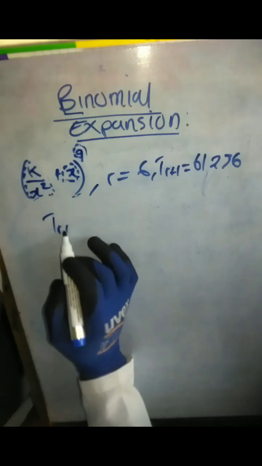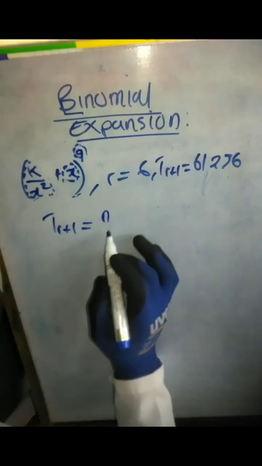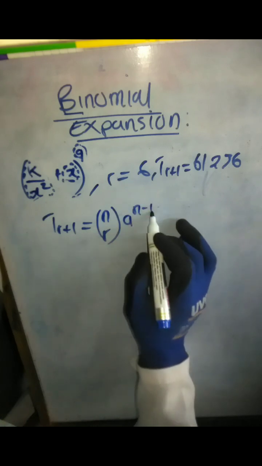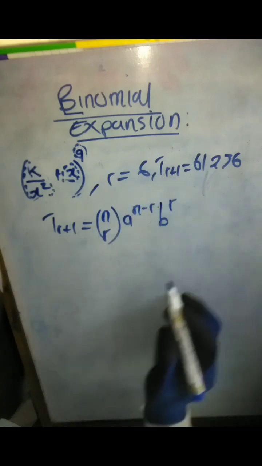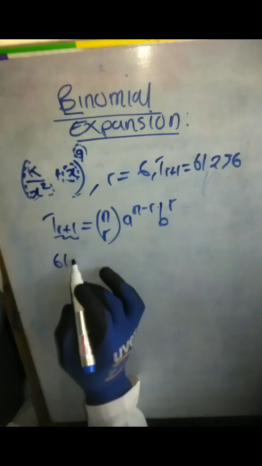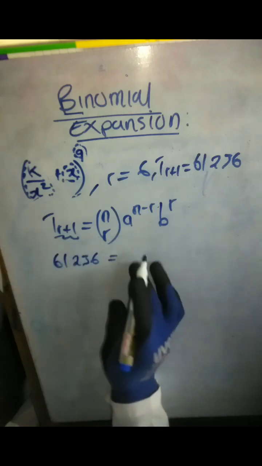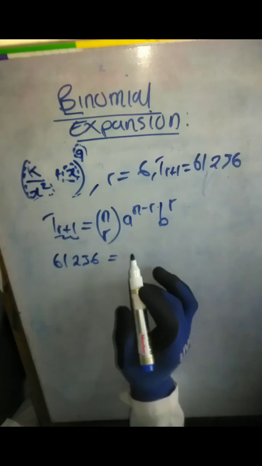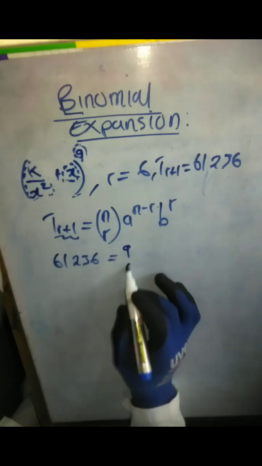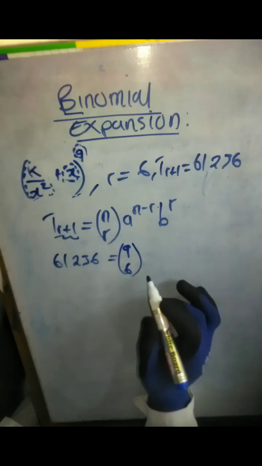So you can use the general formula, T_(r+1) equals n combine r, a^(n-r), b^r. This whole thing is already given as 61,236, which is the term independent of x. n combine r is 9 combine 6, where r is replaced with 6.